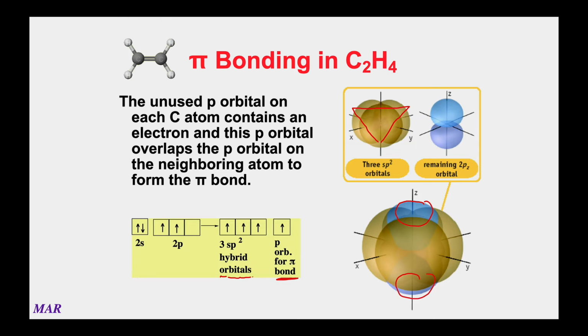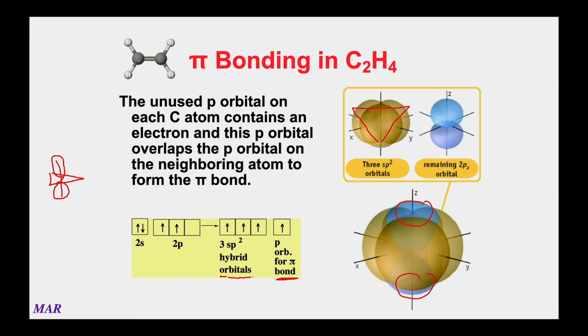Again, my drawing skills are just horrible here. But let's say you have a triangle, and then it's kind of like a trigonal bipyramid, I guess. There would be an unused p orbital sticking out above and below the trigonal planar geometry carbon in the middle. And this extra 2p has an electron inside it.